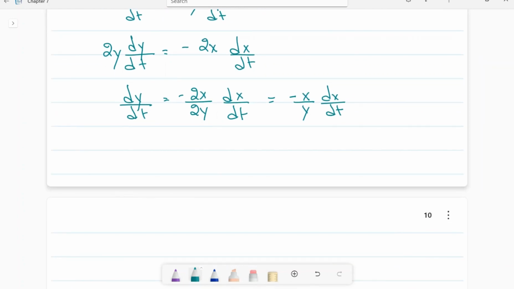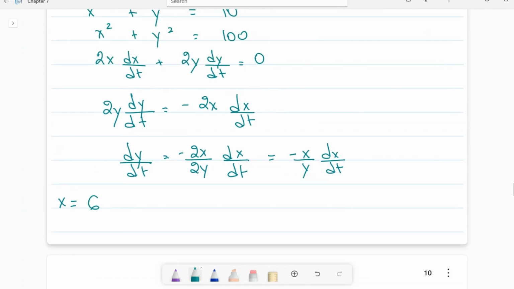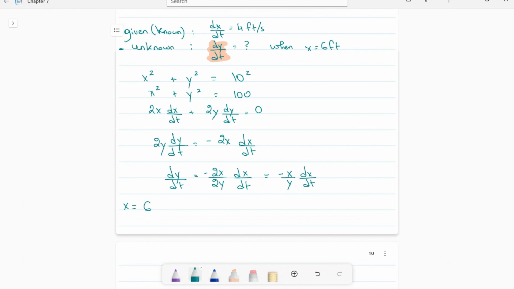So now that we know what dy dt is in terms of x and y, let us plug in what we know about these variables. We know that we want x to be 6. And again, we have the Pythagorean theorem up here. Let us solve for y. y squared is 100 minus x squared.